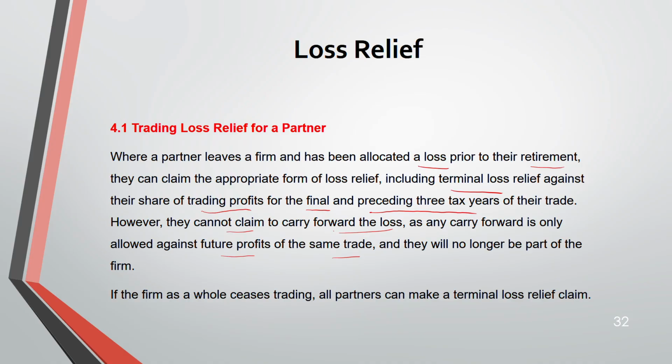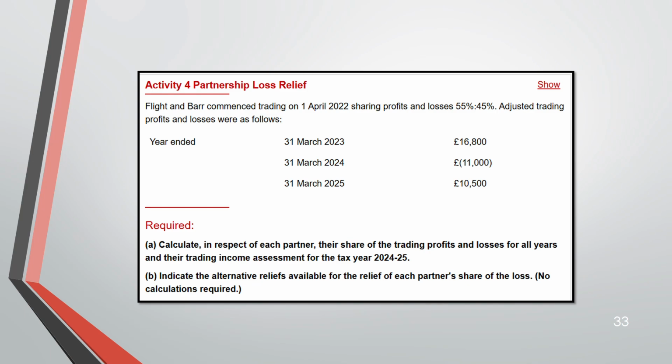If the firm as a whole ceases trading, all partners can make the terminal loss relief. Now, activity 4. There are 2 partners, Flight and Bird. They commenced trading on 1st April 2022, sharing profits and losses in a 55-45 ratio. The adjusted profit and loss has been given for the 3 tax years, and here there is a loss of 11,000 in 23-24.